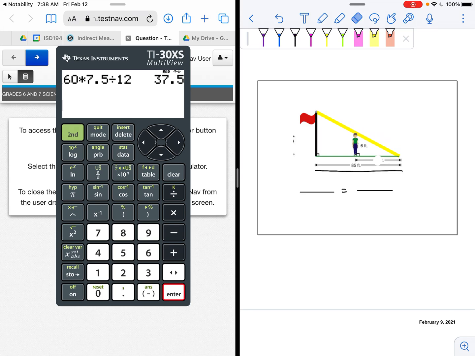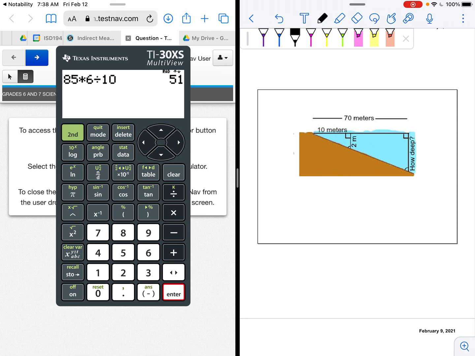That becomes my scale, so I'm going to set that up with 10 and 85. It doesn't matter which one you put on the top or the bottom as long as you're consistent. Because I put the 10 on the top, I have to put the 6 on the top because they come from the same figure. So let's do 85 times 6 divided by 10, and my flagpole is 51 feet.